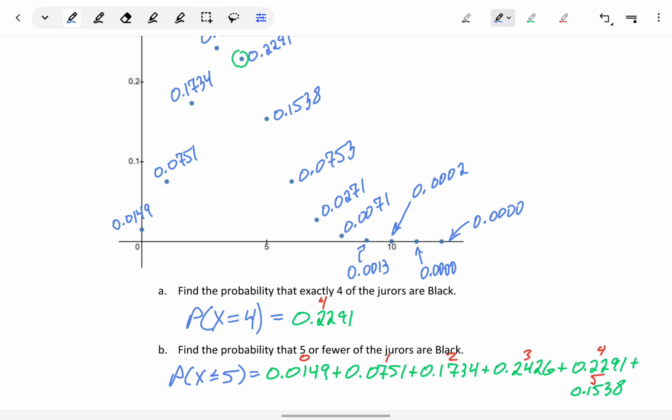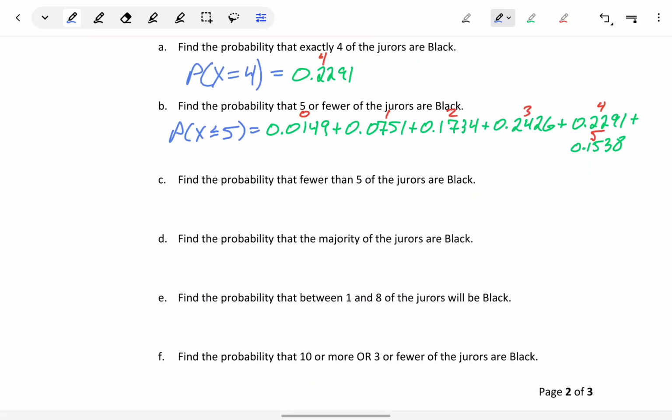Adding each of those decimal values together then would give us the probability that we're after in part B.